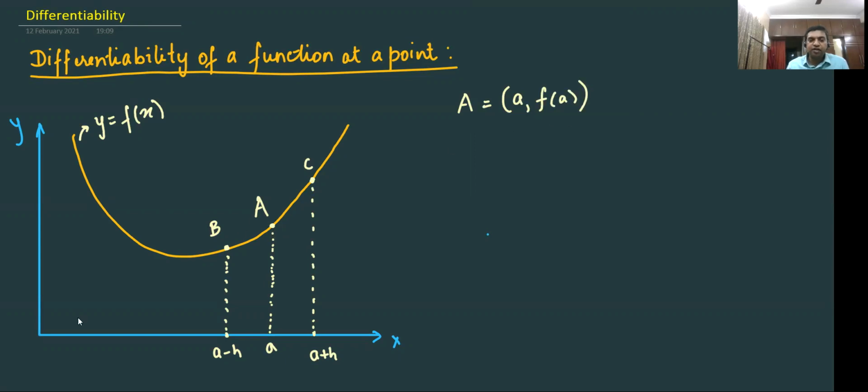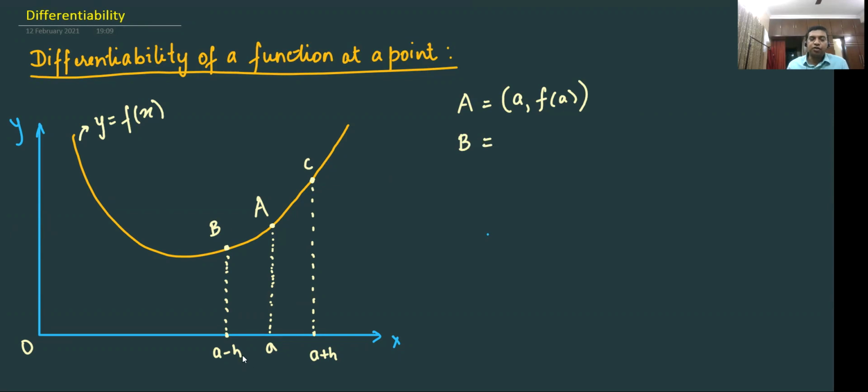On the x-axis, this point is a, and the function value at a will be this value. So this is a comma function value at a.